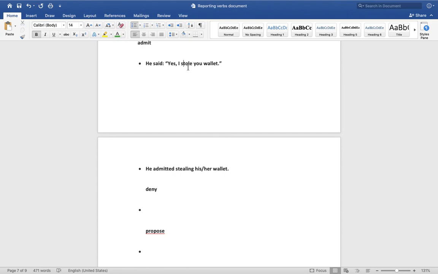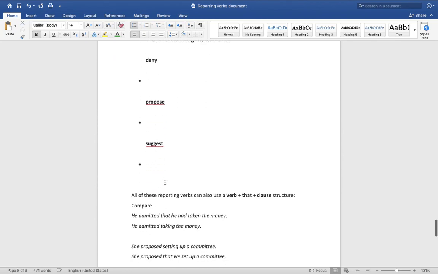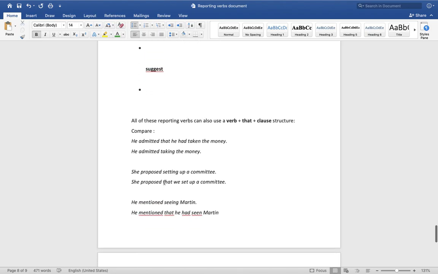No cogemos stole, stolen, no, eso es un pasado, ¿vale? Cuidado, los verbos irregulares los tenéis que saber, entonces yo debo de saber que stole es el pasado de steal y ya, cogiendo como punto de partida el infinitivo, al infinitivo es el que le añado la ing, ¿vale? He admitted stealing his her wallet, and then you have other verbs such as deny, propose, and suggest, right?